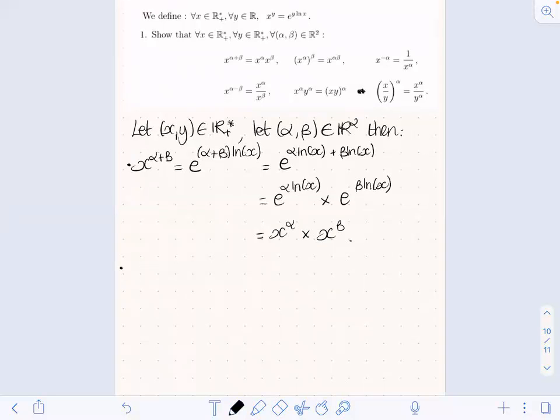Now if we tackle x to the power alpha to the power beta, we get exponential of alpha logarithm of x, to the power beta. Once again, we can use the exponential properties. How can you deal with this using the exponential function?